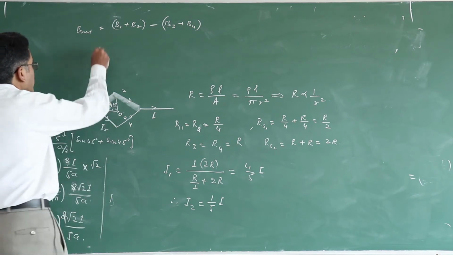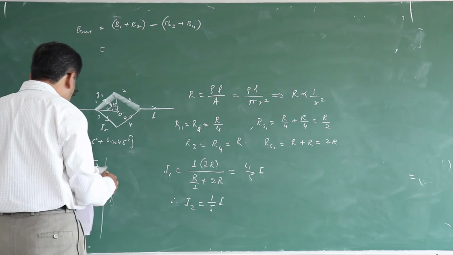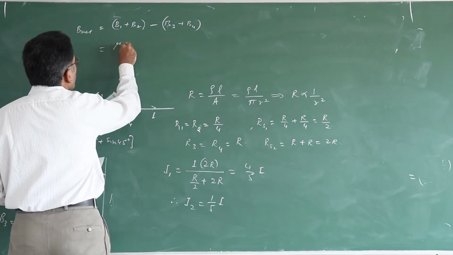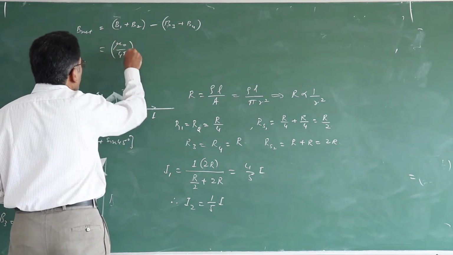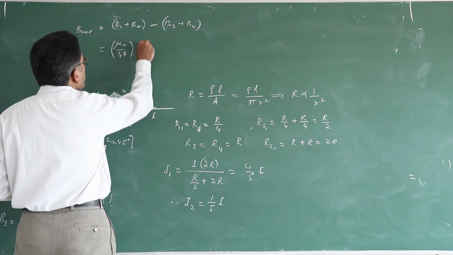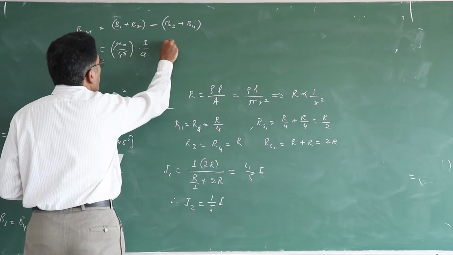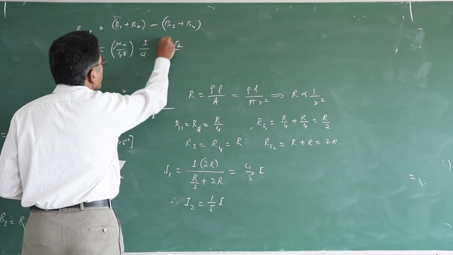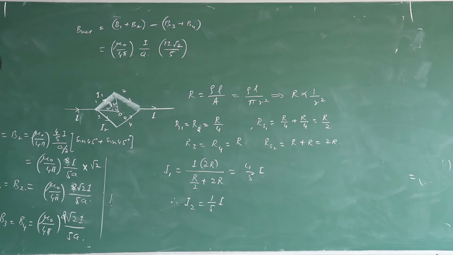So you please simplify this. On simplifying, you will be getting mu naught by 4 pi, I by A, 12 root 2 by 5.